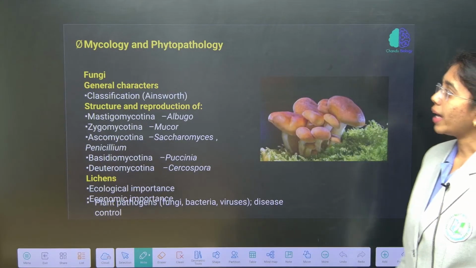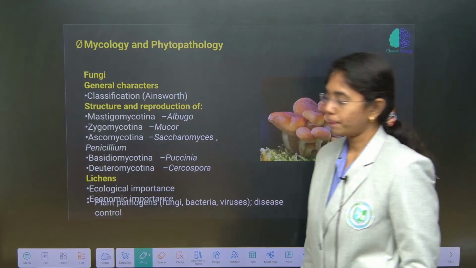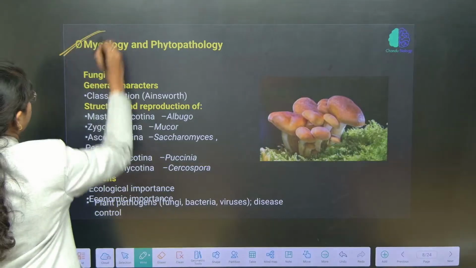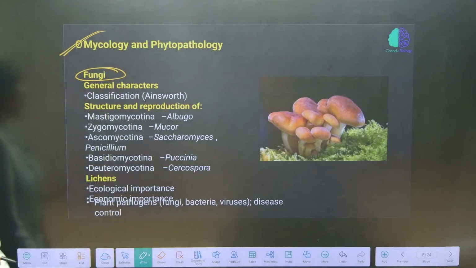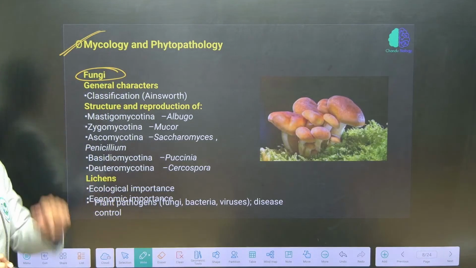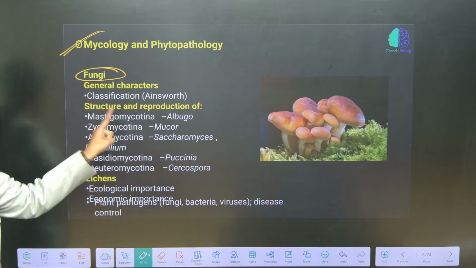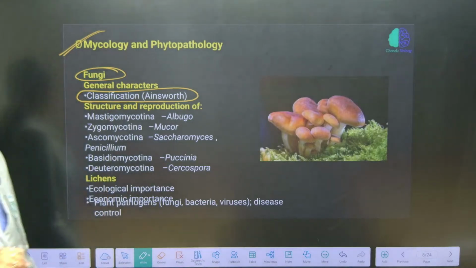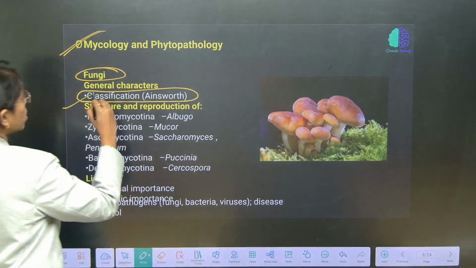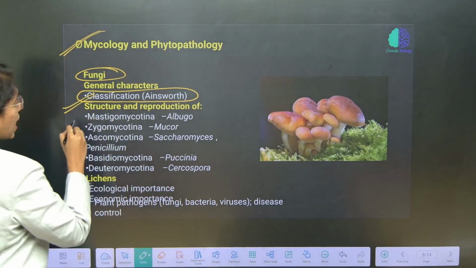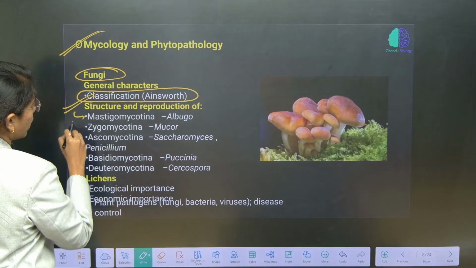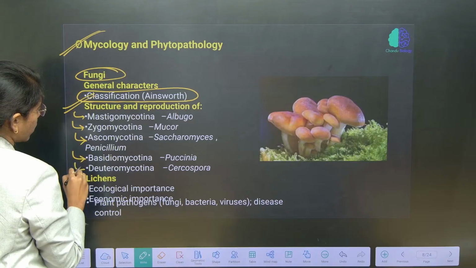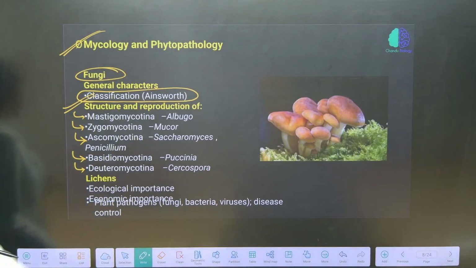Followed by mycology and phytopathology. What are you going to learn here? First, fungi, their general characteristics. Like how Fritsch classification is standard for algae, here we are looking into Ainsworth classification. Fine, right? Structure and reproduction. The classification of fungi goes as such: Mastigomycotina, Zygomycotina, Ascomycotina, Basidiomycotina and Deuteromycotina.